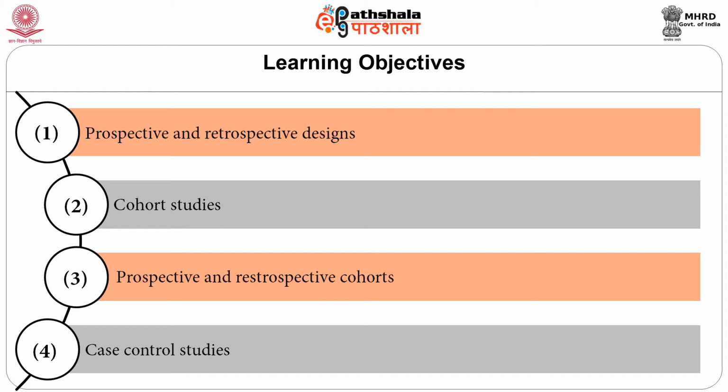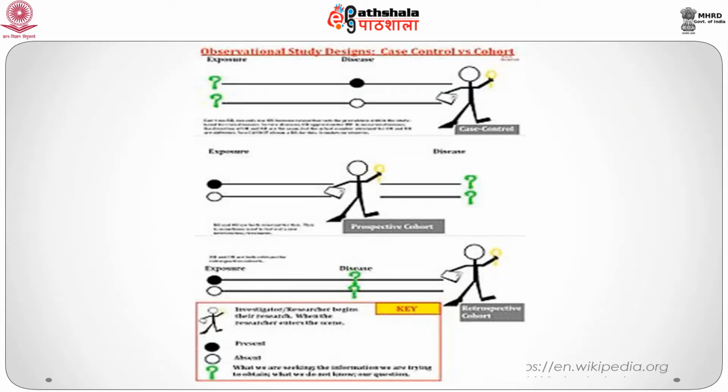a case control study. This is the standard graphic which is used to make a distinction between prospective and retrospective studies. This is a graphic taken from the Wikipedia entry on the subject.